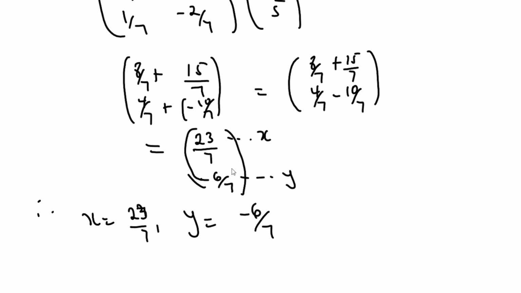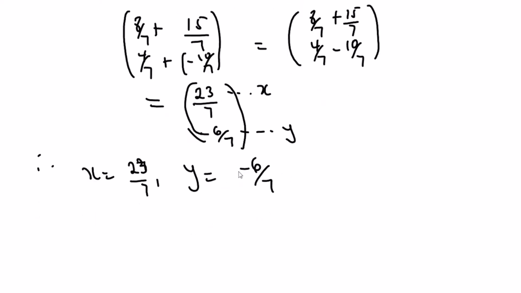Okay, now let's look at an example on this same thing when it comes to solving linear equations using the inverse approach. So example 2, solve the set of equations.